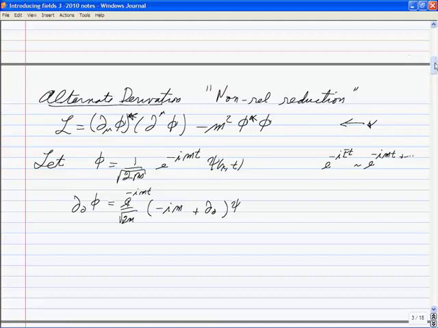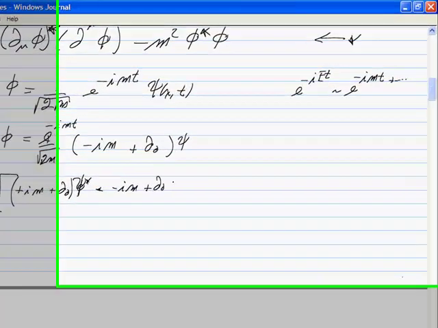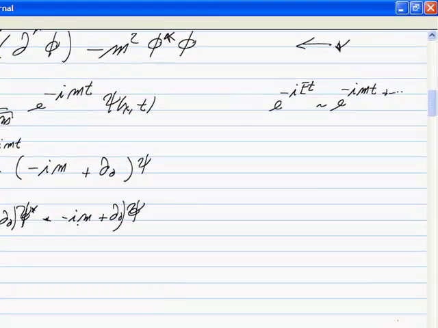If that's the case, then the Lagrangian is, well, there's a 1 over 2m everywhere from this normalization choice that I made. I get plus im plus d0 acting on psi star, or psi, yes, psi star, times minus im plus d0 acting on phi.